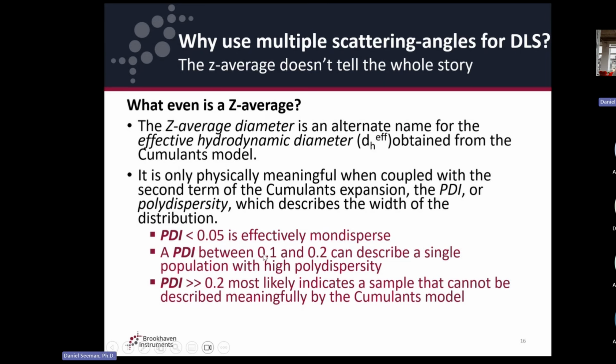An intermediate PDI between 0.1 and 0.2 most likely would describe a single population that happens to be highly polydisperse. And with a PDI above 0.2, that's really where you shouldn't be using cumulants anymore, as it no longer is representative of the sample that you're trying to characterize, and that's where it's usually more appropriate to switch to multimodal distributions if you want to get anything quantitative in an experiment.